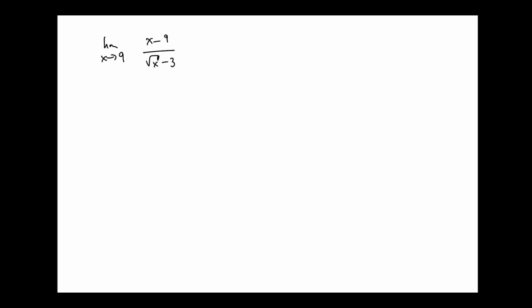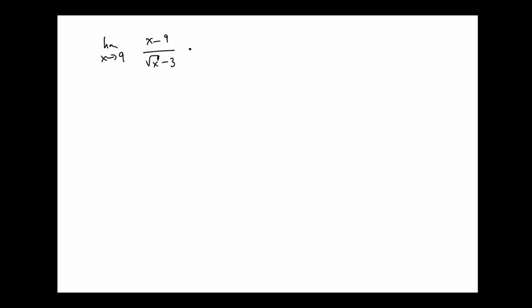Okay, so any brilliant ideas? Well, what was the trick we used last time for something that looked kind of like this? Not the reciprocal, but what was the word for it? The conjugate, yeah. And then we have to do the same thing to the numerator as we do to the denominator, because otherwise we're changing the function, right?